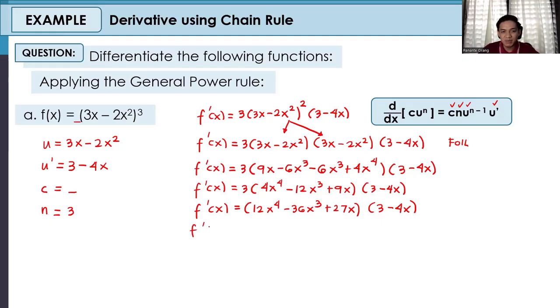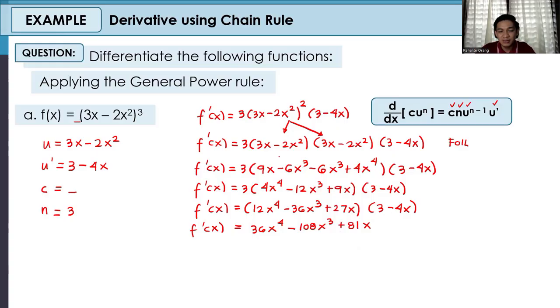That is f prime of x is equivalent to 12x raised to 4 multiplied by 3. That is 36x raised to 4. Negative 36x cubed multiplied by 3 is negative 108x cubed plus 27x multiplied by 3, that is plus 81x.